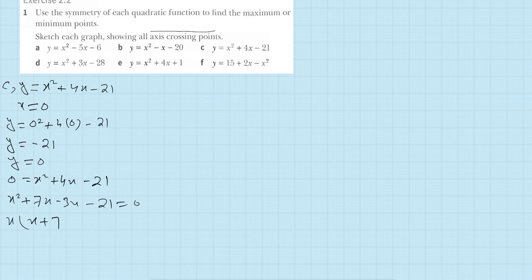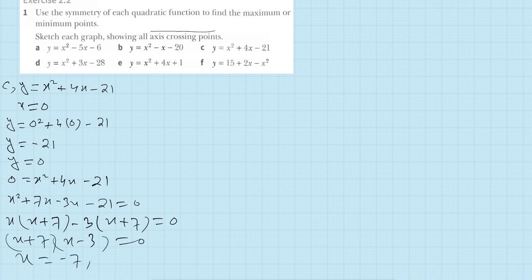Taking x common, x plus 7, minus 3 common, x plus 7 is equals to 0. So x plus 7, x minus 3 is equals to 0. x is equals to minus 7 and x is equal to 3 is the answer.